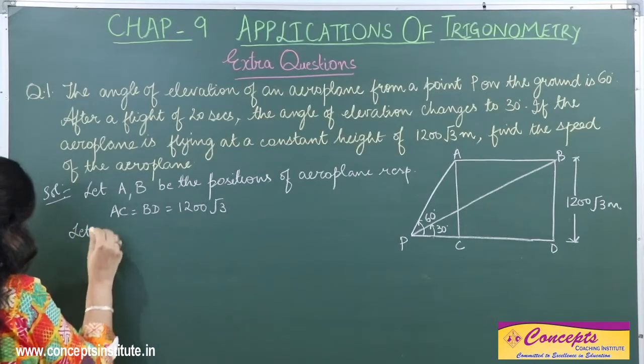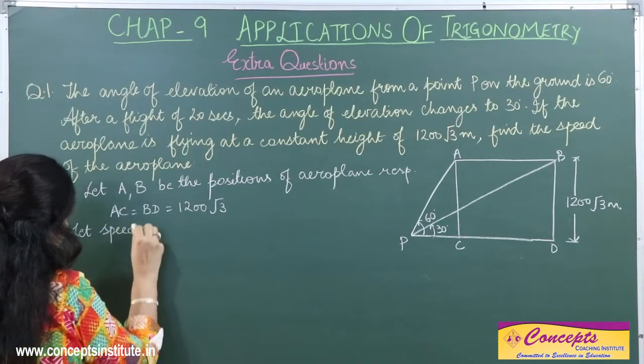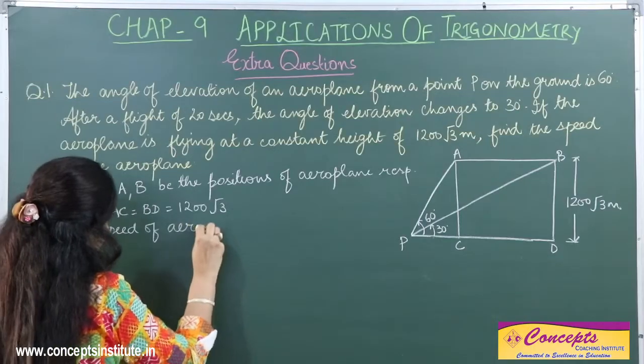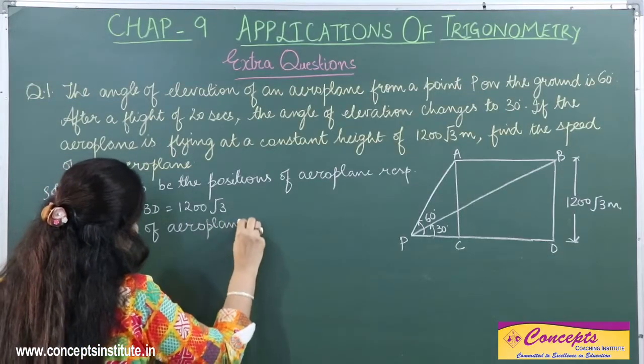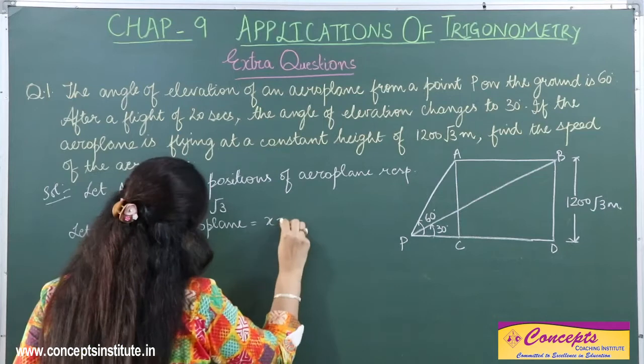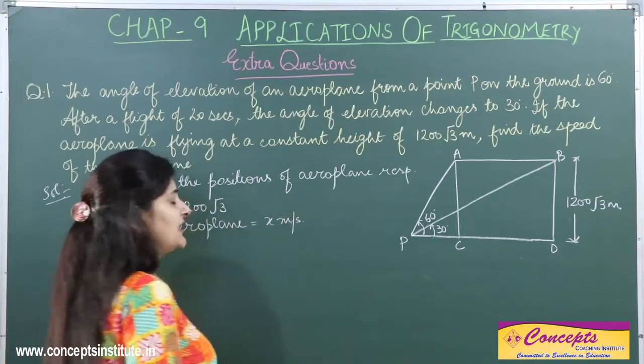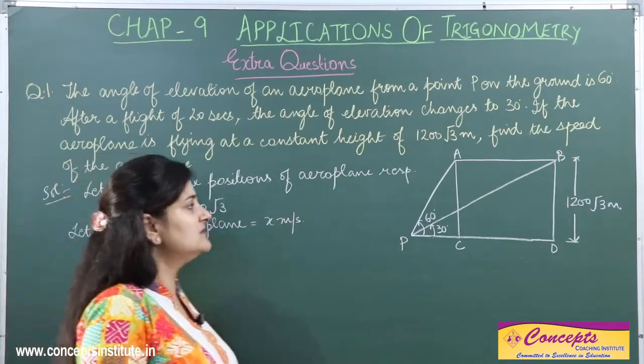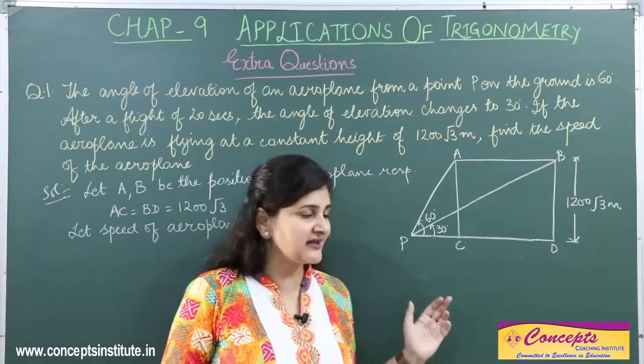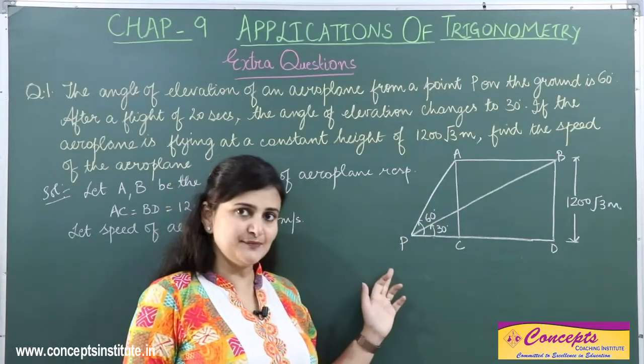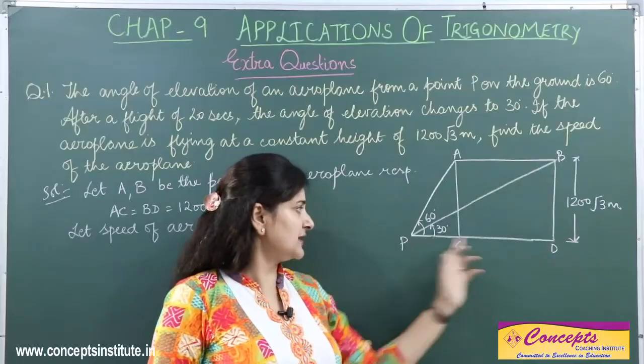So I am going to say that let speed of aeroplane equal x meters per second, right? Okay, now look at this. We have two right triangles. One is ACP and another right triangle is BDP.